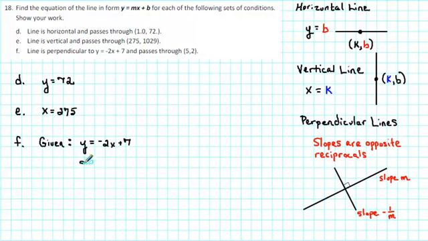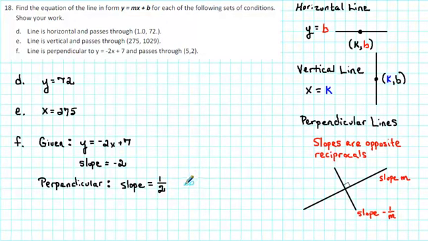So we'll indicate that the slope of the given line is equal to negative 2. So let's focus on the perpendicular line. The slope will need to be the opposite reciprocal. The opposite of a negative is positive, so the perpendicular line's slope will be positive, and the reciprocal of 2 is 1 over 2. So the slope of the perpendicular line will be positive 1/2.